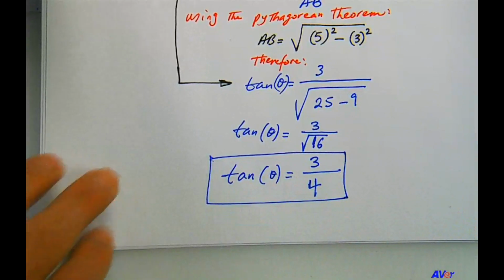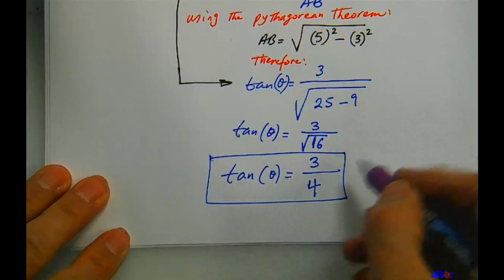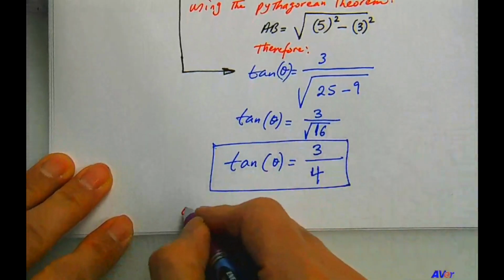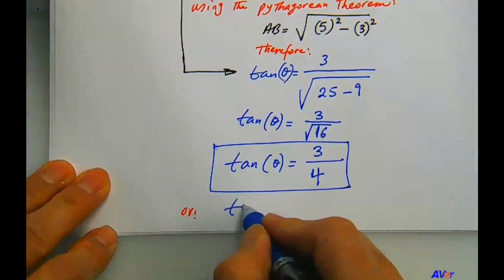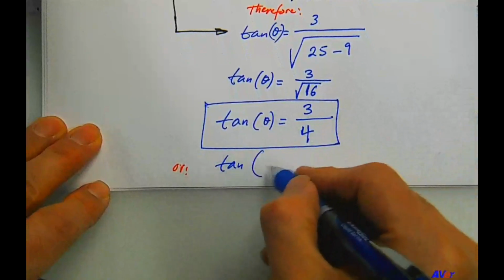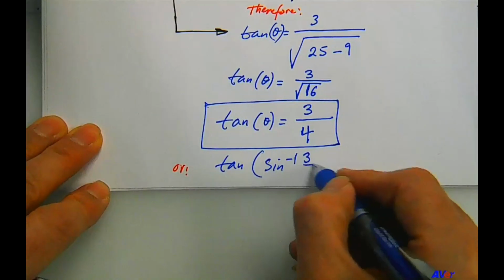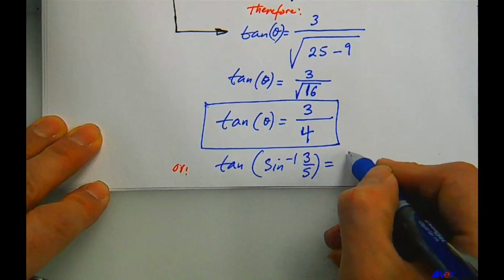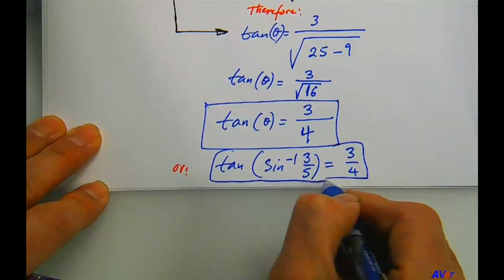Okay, you can either write the answer like this, or you can reference the original and say tangent of inverse sine of 3/5 equals 3 over 4. Either way is fine.